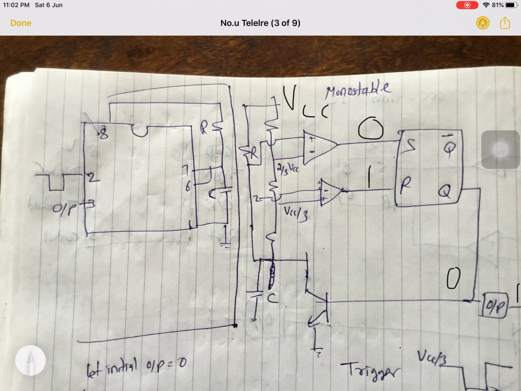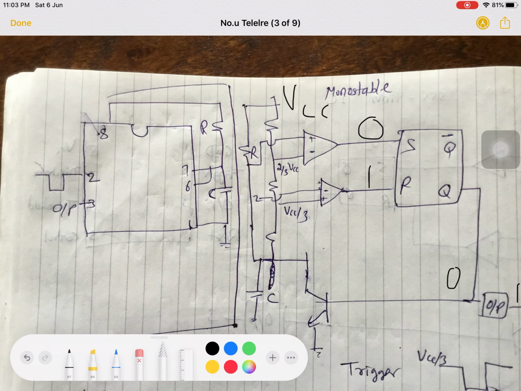So when the capacitor is charging, we are assuming the trigger pulse has gone to its normal position, that is at VCC by 3 or just above VCC by 3. What am I saying? When the capacitor is charging with this RC path, since capacitor charging takes some time, the trigger pulse has gone back, because a trigger pulse means a very short duration pulse. It comes and goes away.